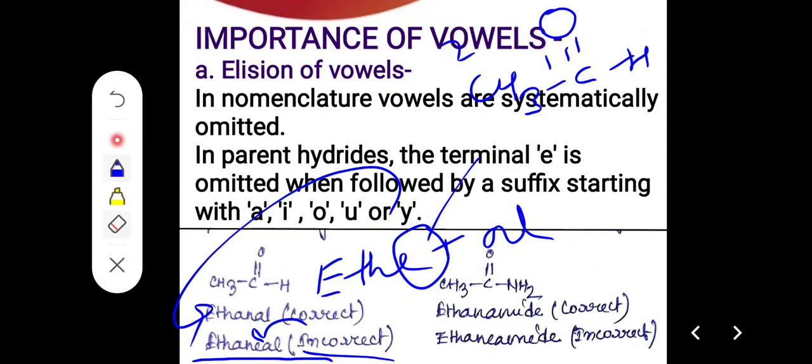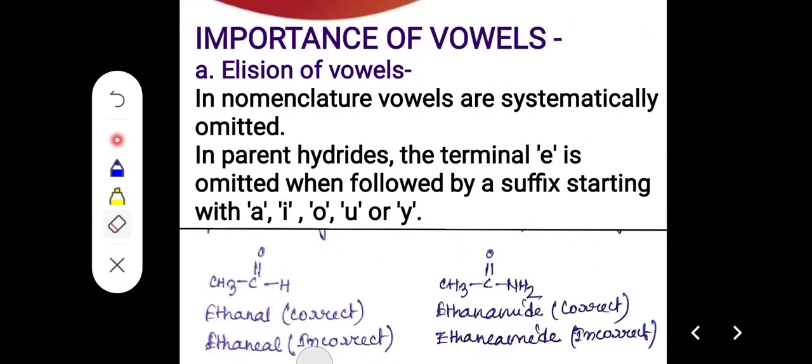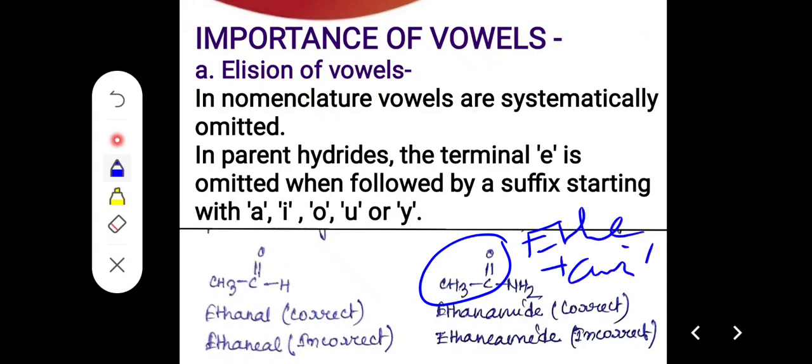Okay, next one, a similar thing can occur. There should be eth plus amide, A-M-I-D-E. So two vowels, E and A, would be close together. But when they attach to produce the name of a compound, we get only A, not E. The E is omitted.